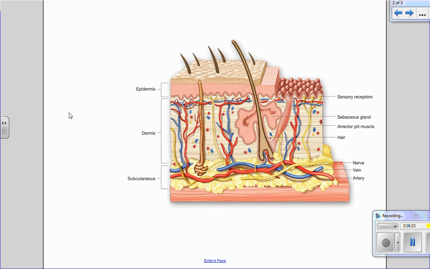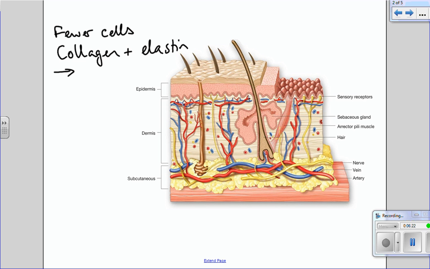Now we're going to focus on the dermis, and it has fewer cells. It's mostly made up of collagen and elastin. These are fibrous proteins, if you will, and they are produced in the fibroblasts. Now, it has other structures within it.